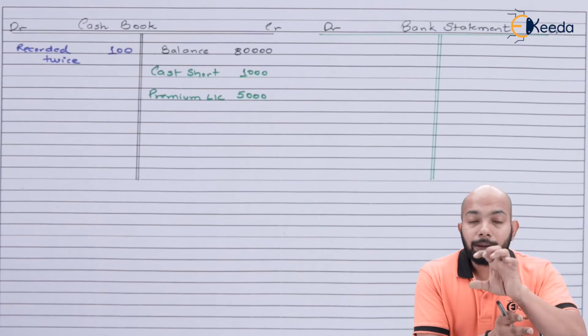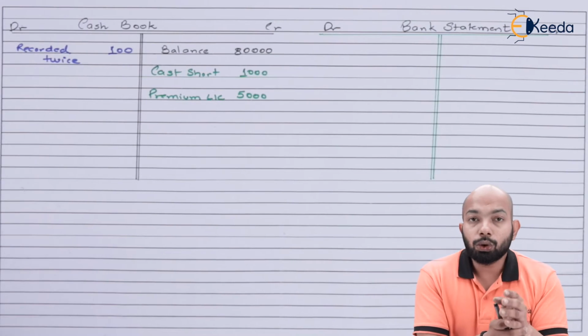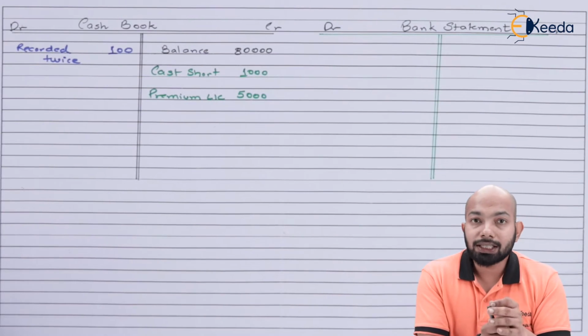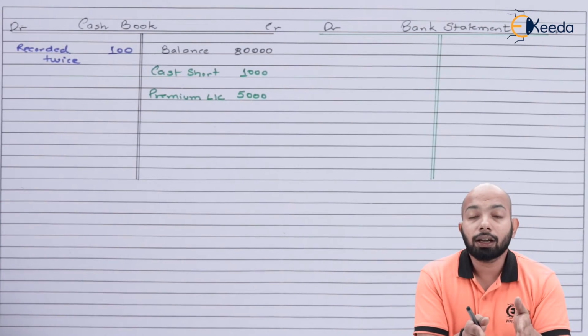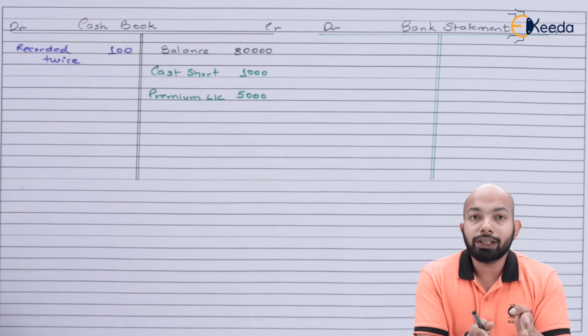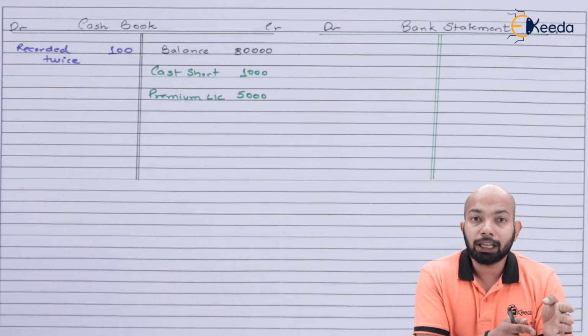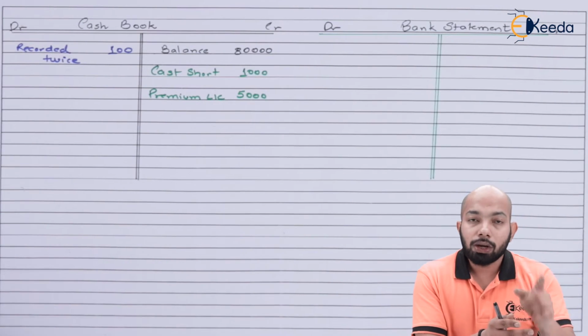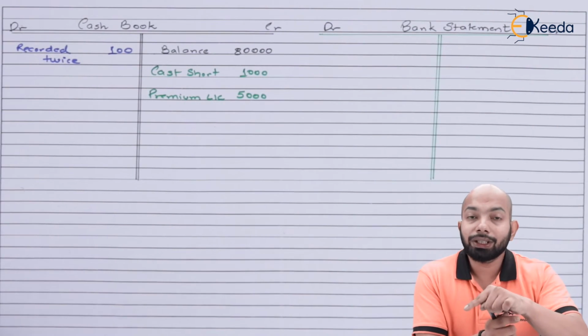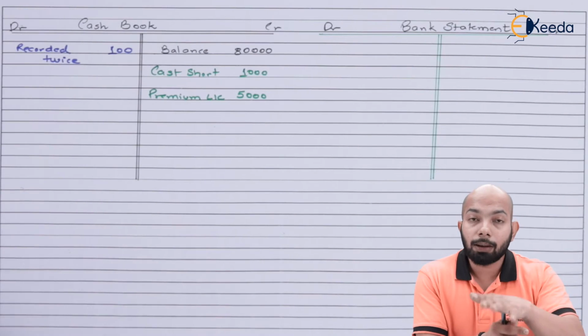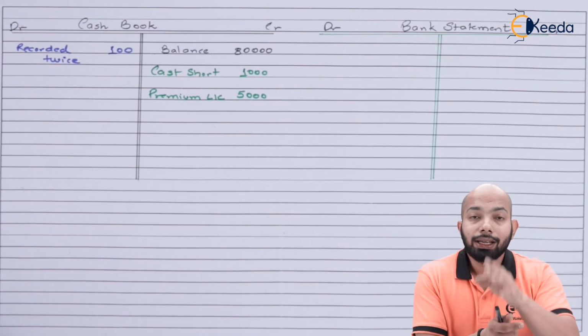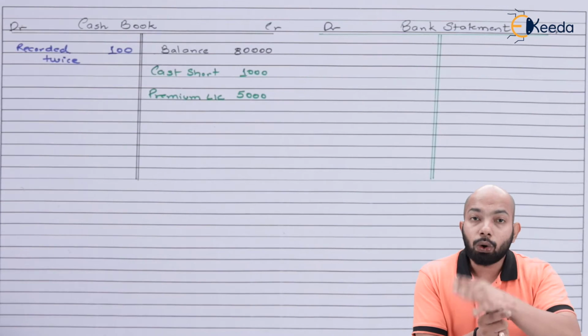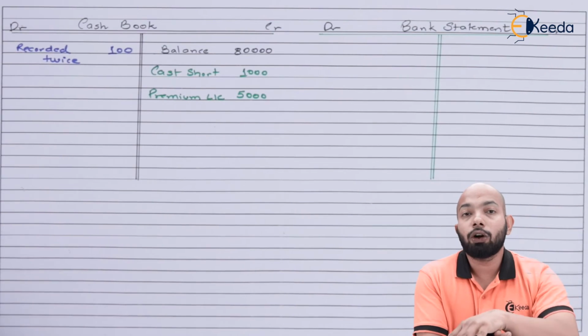So that means that much of the balance has been reduced. Ideally, this check was collected from the customer and deposited into your bank account, so you would have already recorded that transaction in your cash book on the debit side. But now your expectation was that this amount would get cleared, but due to some reasons this check got dishonored, and that much of balance you are not able to see on the credit side of your passbook.